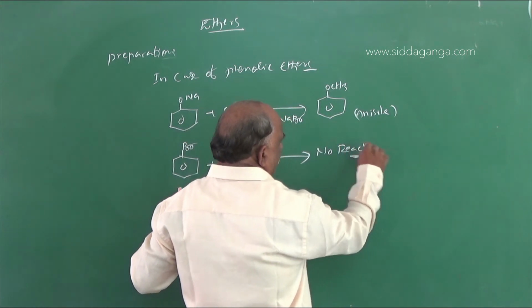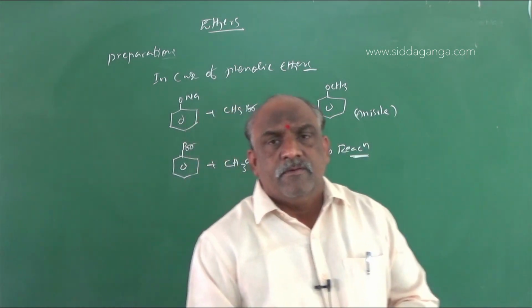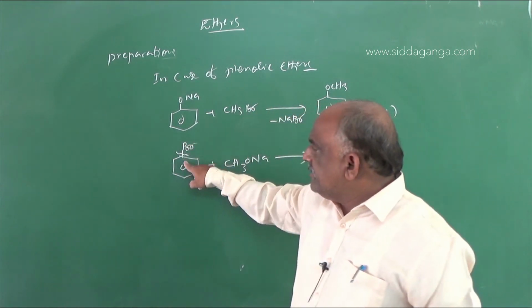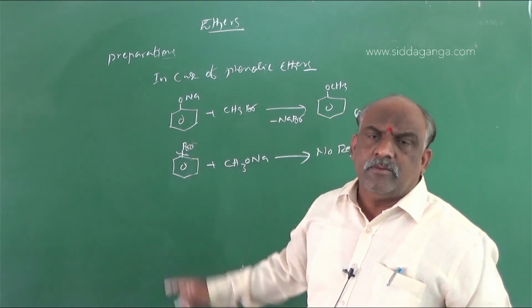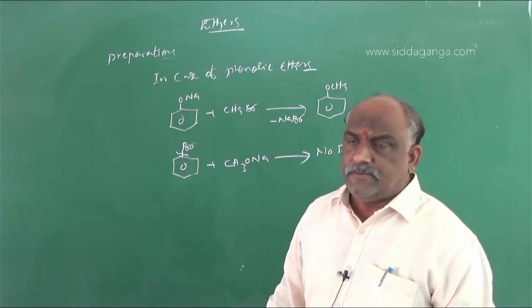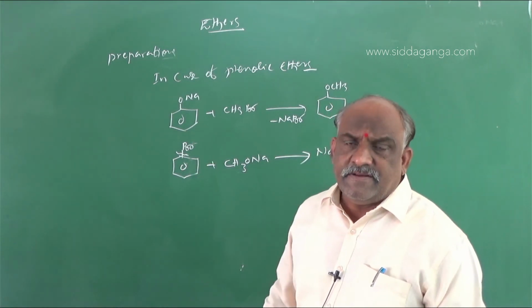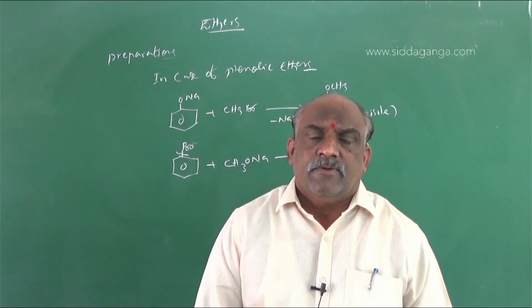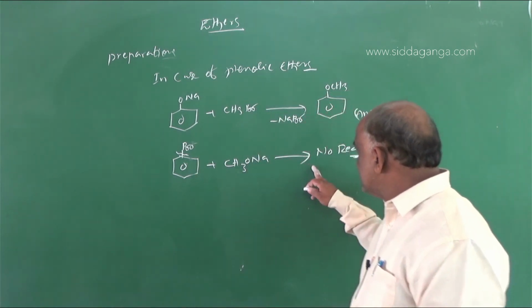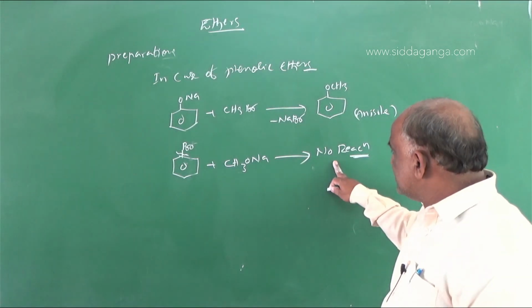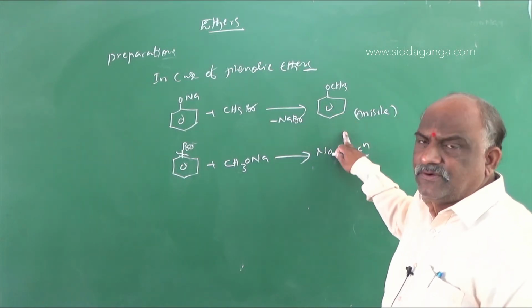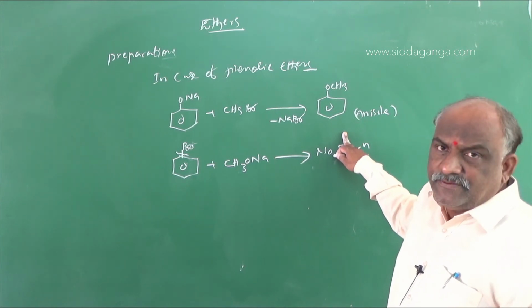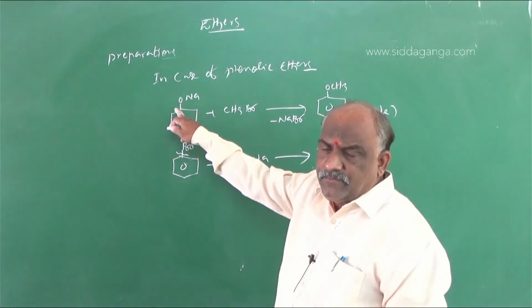Very, very important, my dear students, because there is no cleavage of this bond. The C-Br bond has partial double bond character. How to break the double bond? Is it possible? It is less reactive. Bromobenzene is less reactive towards nucleophilic substitution reactions. So for this conversion, there is no expectation of aromatic ethers, phenolic ethers. Phenolic ethers can be prepared by using phenoxide, sodium phenoxide.